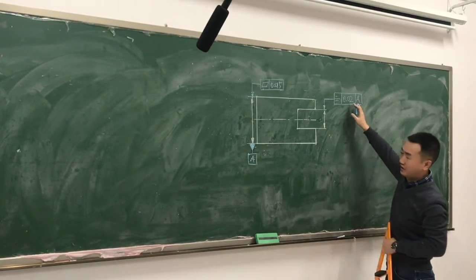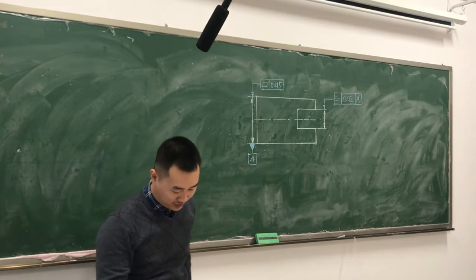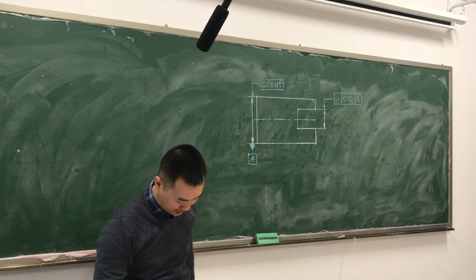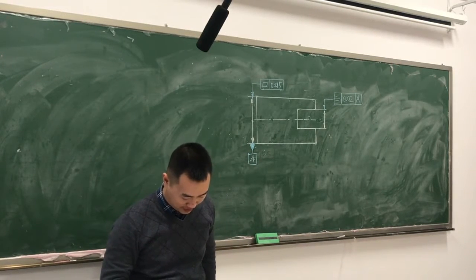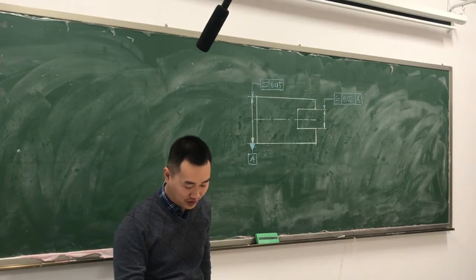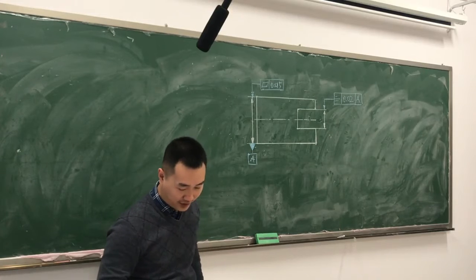Why should I multiply by 2? In fact, if you look at your book on page 102, you see the illustration of the tolerance zone.